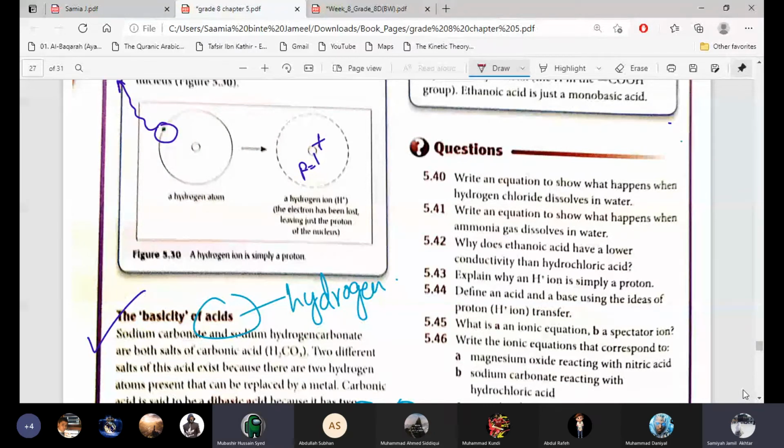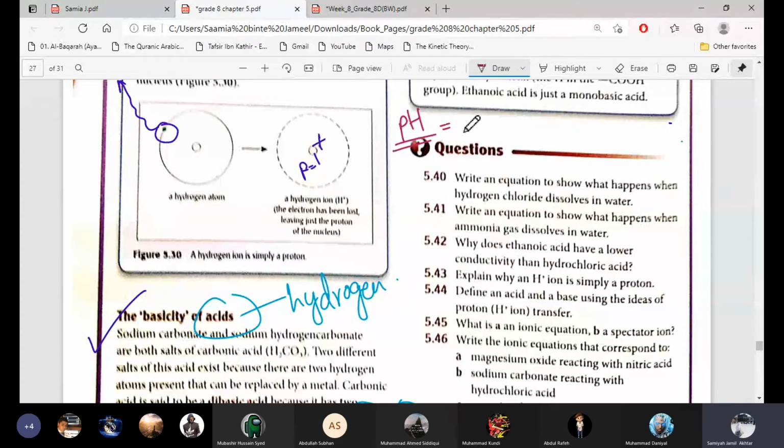Yes, sorry, ma'am, I was saying the pH. Okay, pH. pH is how many hydrogens it can give, the hydrogen ion concentration. pH is actually hydrogen ion concentration.